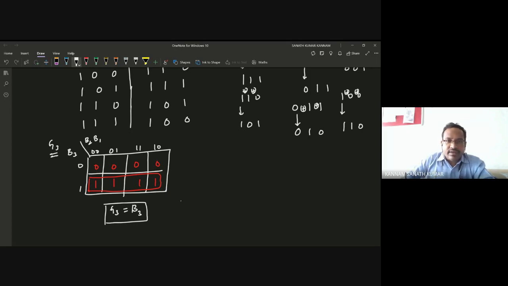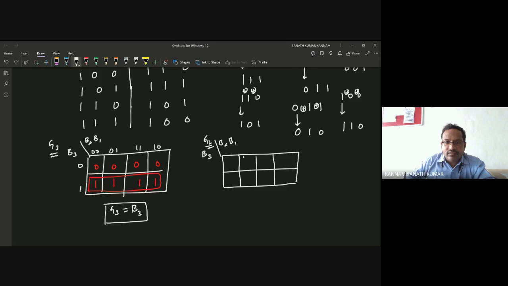Next, the K-map for G2. If you draw the K-map for G2, this is B3, B2, B1, 0 0 0 1 1 0 1 1.